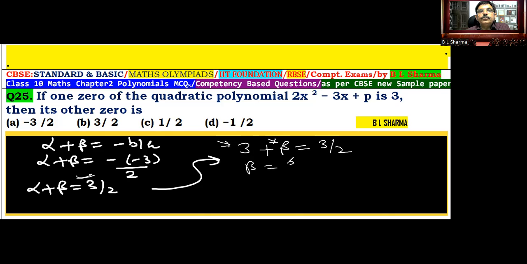One zero is 3, the other zero is beta, so beta could be 3/2 minus 3. That is minus 3/2. So A is the correct option. I think you can do it. The other zero will be negative of 3/2.